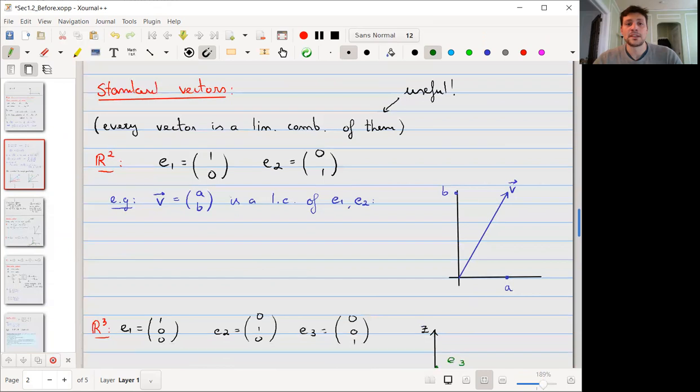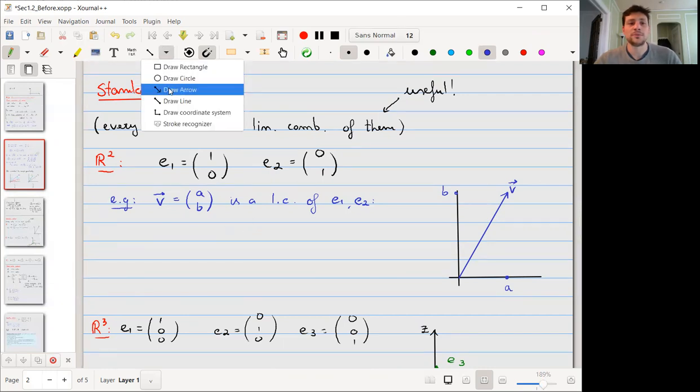Okay. The last topic that I want to mention in this video is that of standard vectors. These are vectors that are very important because we can use them to write every other vector as a linear combination of these standard ones. Let me just write this in an example.